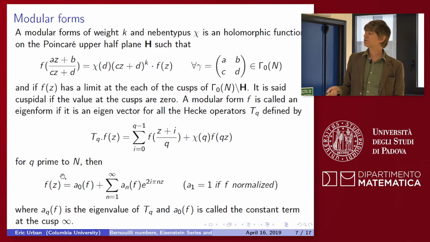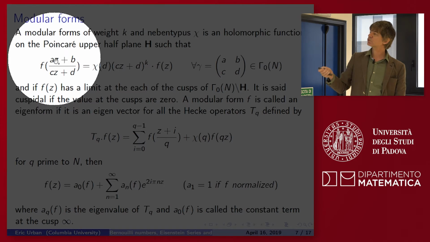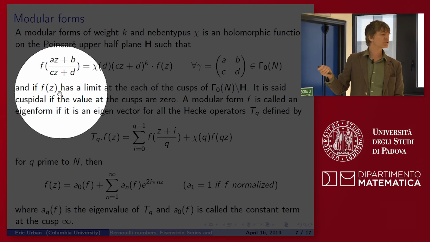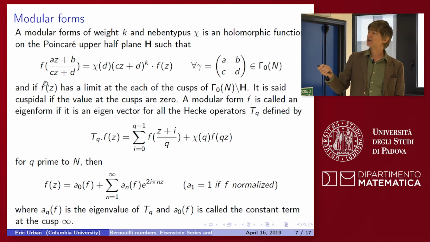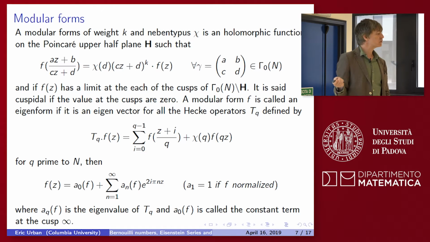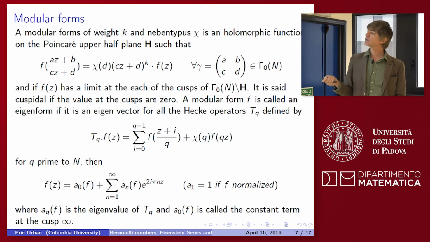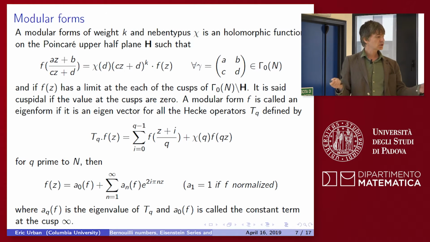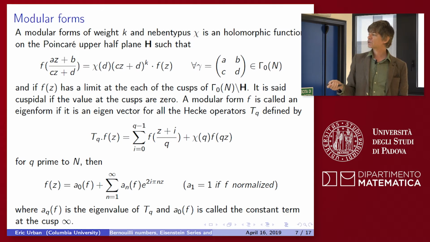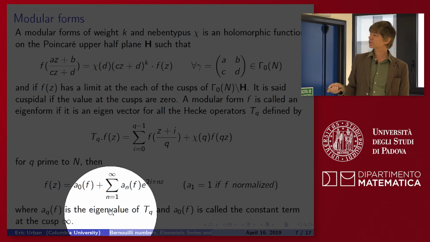When you look at this transformation for the matrix (1 1; 0 1), you see that f(z+1) equals f(z). Therefore, f has a Fourier expansion. And because of the fact that it has a limit at the cusp, this Fourier expansion is restricted to non-negative integers.